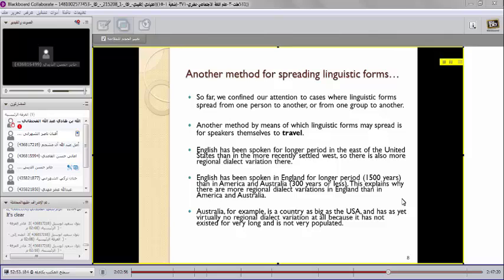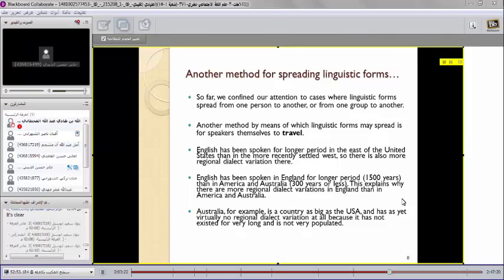English has been spoken for longer periods in the east of the United States than in the more recently settled west. So there is also more regional dialect variation there. So this explains why there are more regional dialect variations in the eastern part of the United States.